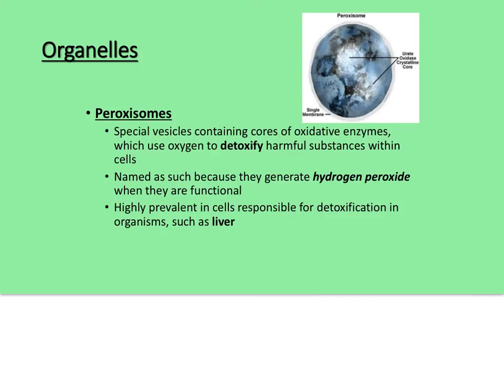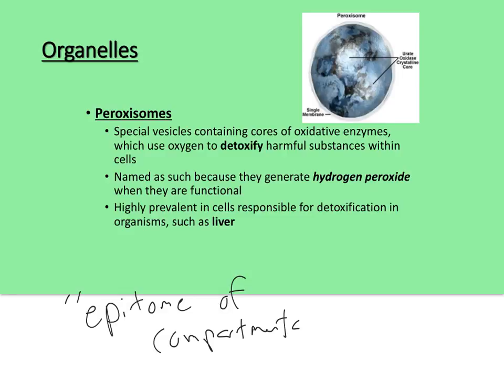Now our next organelle, and we're getting close to the end here, is the peroxisome. Peroxisome is kind of crazy looking. This is a computerized image, but the peroxisome is a neat organelle. It is oftentimes referred to as the epitome of compartmentalization, meaning it is a perfect example of why cells need to have little organelles.